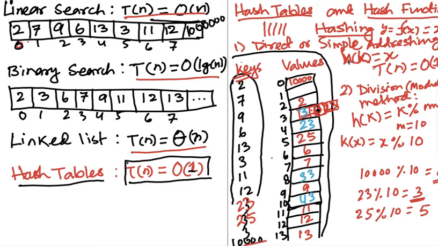Again, this is h of k, where these are k values, and each of the key values is a k value.